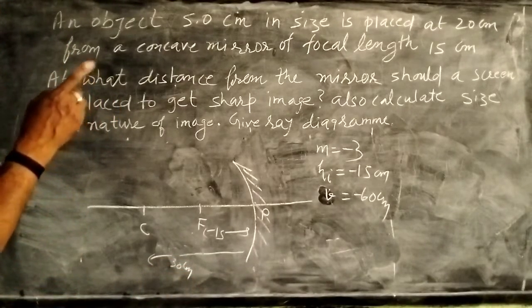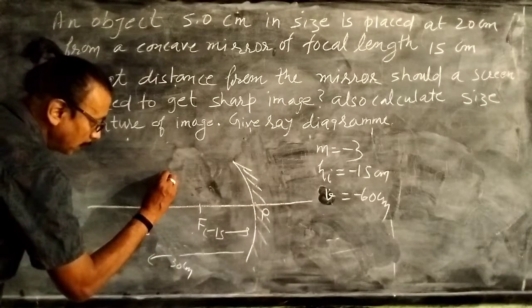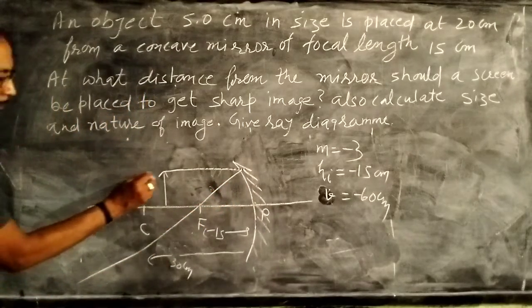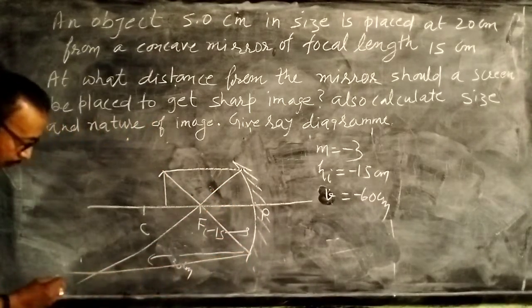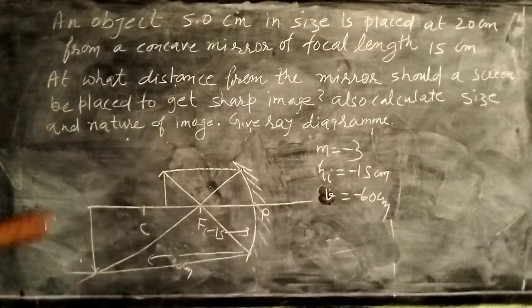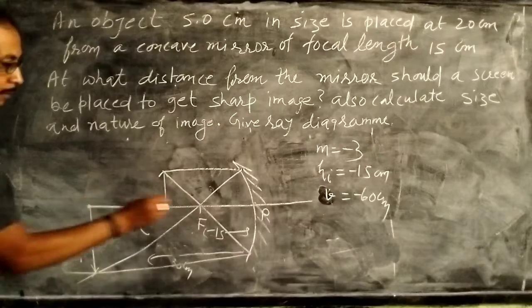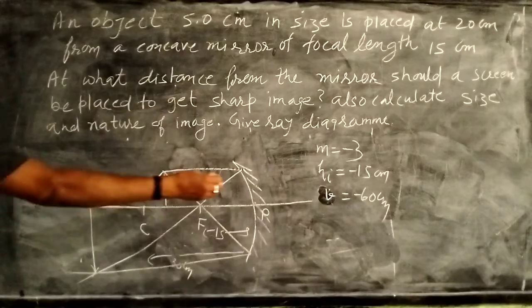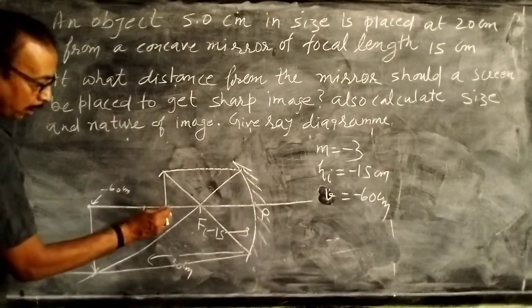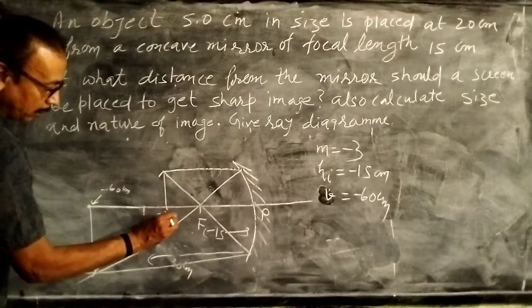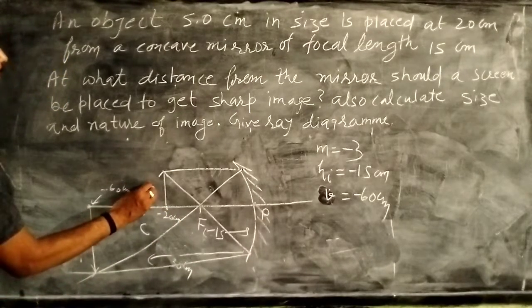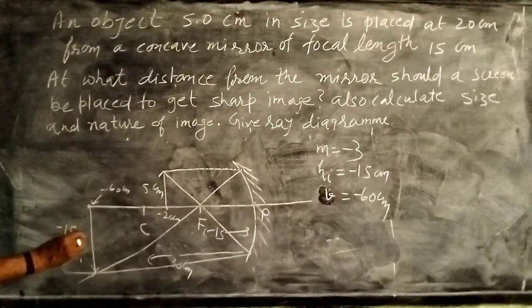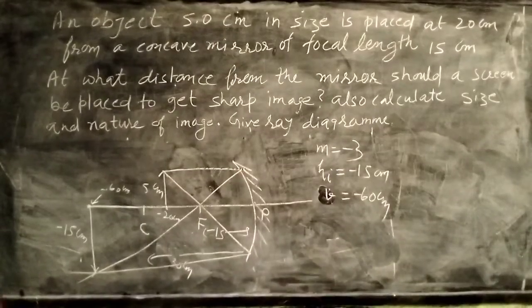The object is placed at 20 centimeter, in between C and F. This is the image, at minus 60 centimeter from the pole taken as origin. The height is given as 5 centimeter, and the image height is minus 15 centimeter. Okay.